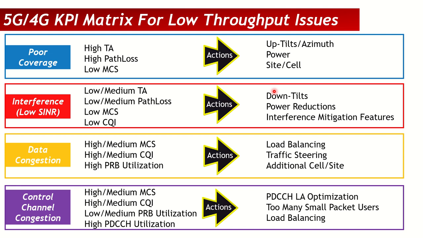You can have congestion on the backhaul, you can have application level issues, you can have a core network issue, or you can have a server level issue. So in that case, how can we identify with our KPIs? For that one, stay tuned. My next video will cover how we can identify throughput issues that are not related to RAN using KPIs.